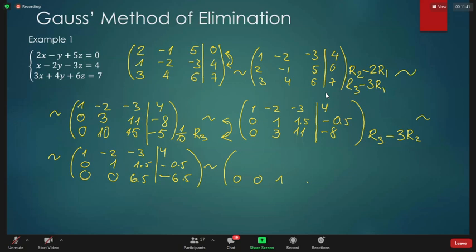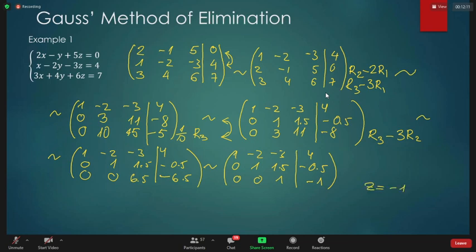Now I'm rewriting the previous rows as they are. 1, minus 2, minus 3, and 4. In fact, at this moment, we could already say that this system can be finished because I see that Z equals minus 1 from this.